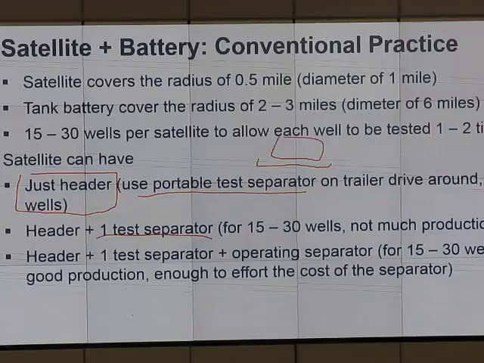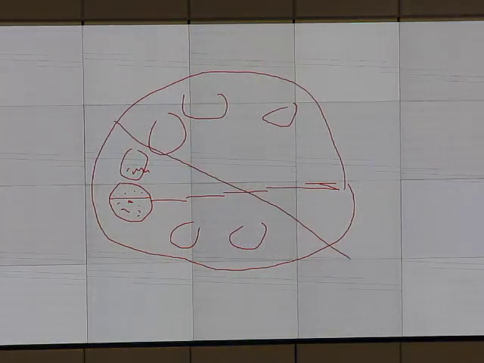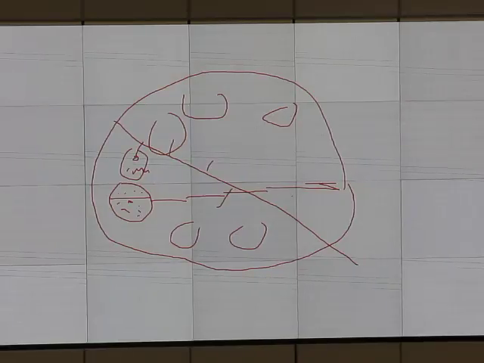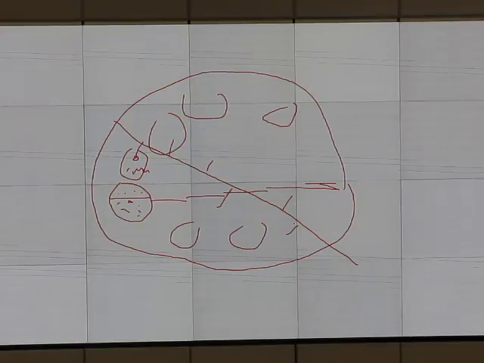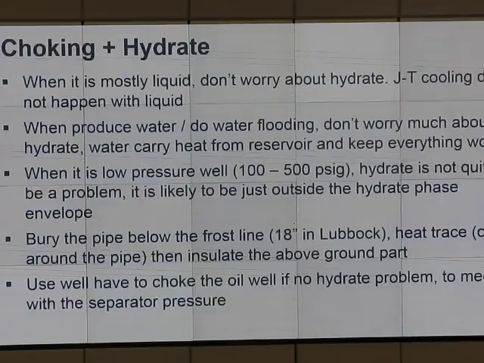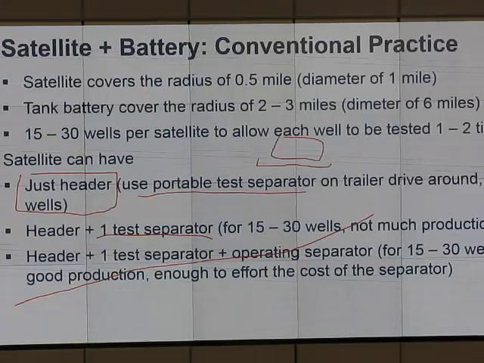If you have a gas sales line going across the field, like in the middle, you can sell the gas right away, depending on where your sales line is. That's where we have a lot of production.